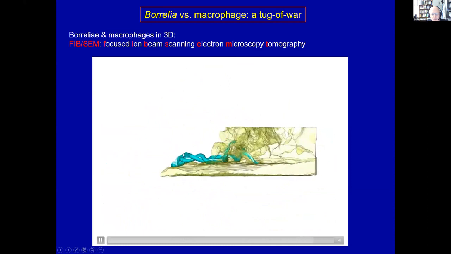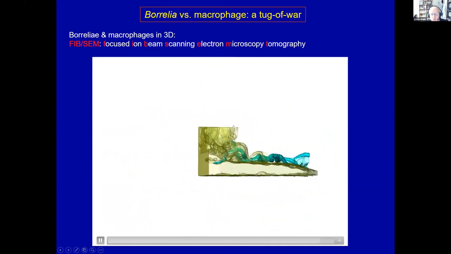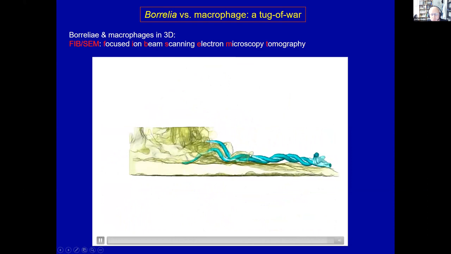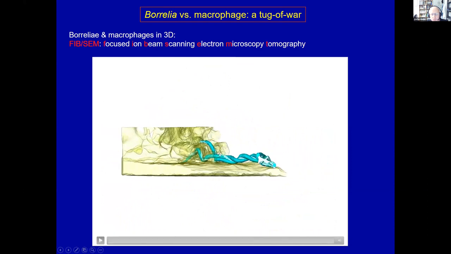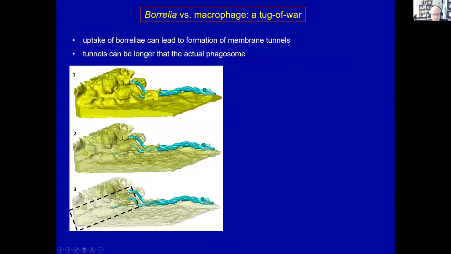And what you can already see here, you have huge convolutions of the surface that are in contact with the Borrelia cell, and also enwrap the cell. And what really captured our attention is not only these protrusions, but also the internalized membranes that you see here.